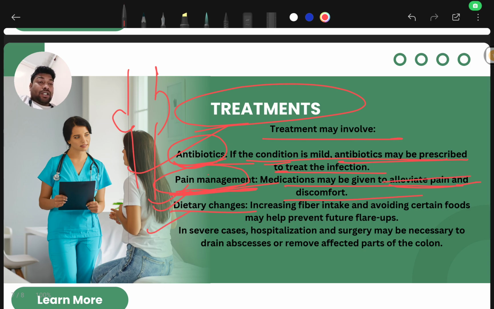Now dietary changes, increasing the fiber intakes and avoiding certain foods, that helps prevent future flare ups, okay. Similarly, in severe cases, hospitalization, surgery may be necessary to drain abscess, okay, or remove affected parts of colon, okay.